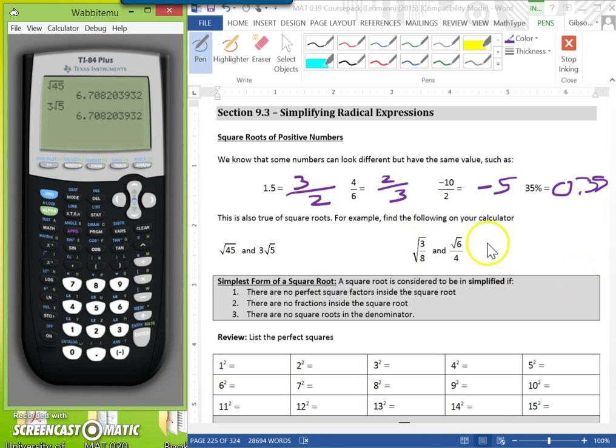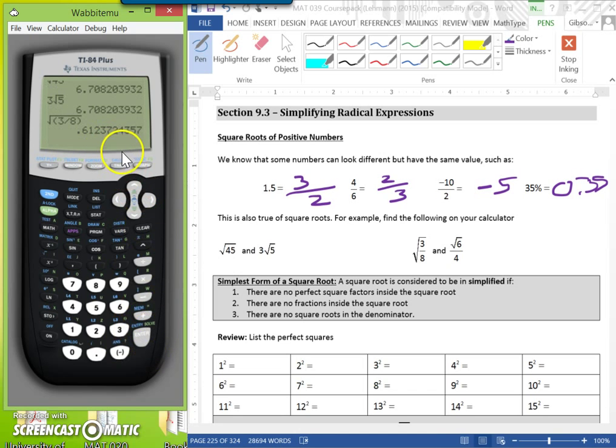So now, we move on to this next square root. We have the square root of 3/8 and the square root of 6 over 4. So now we will go second, then the x squared key, and then we'll do a parenthesis and type in 3 divided by 8, because all of that is under the radical, and press enter.